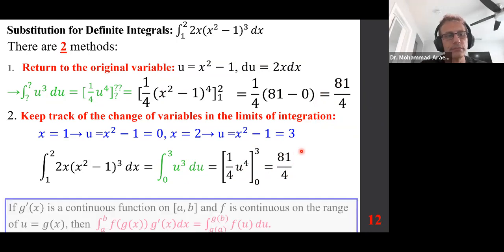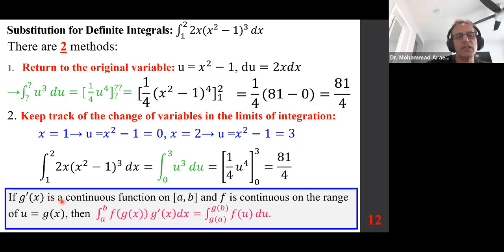Therefore, if g prime of x is a continuous function on a comma b and f is continuous on the range of u equals g of x, then the integral of a to b f of g of x g prime of x dx is the integral of g of a to g of b f of u du.